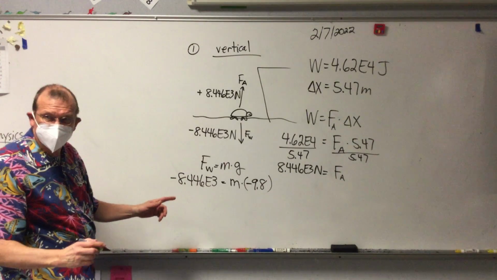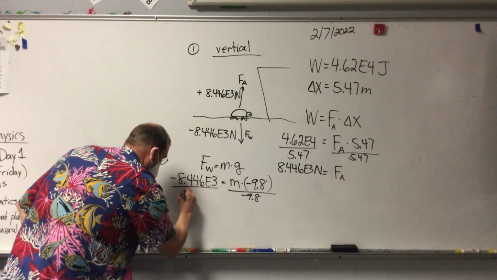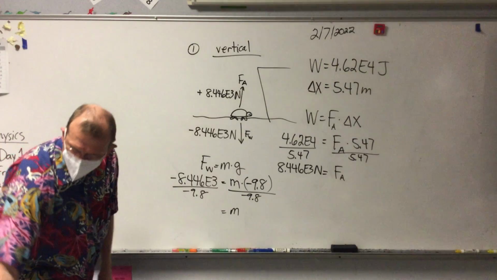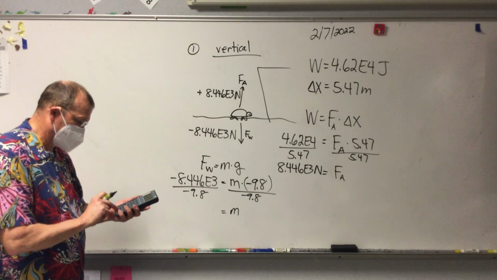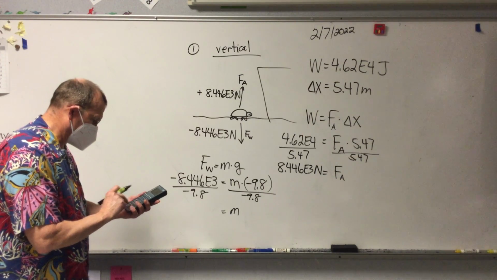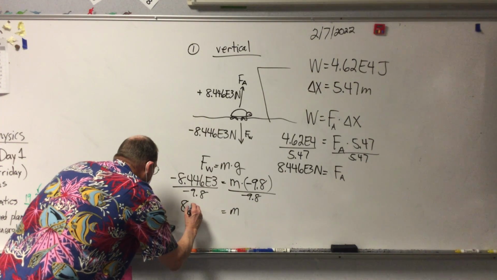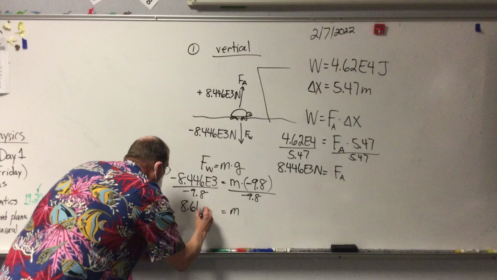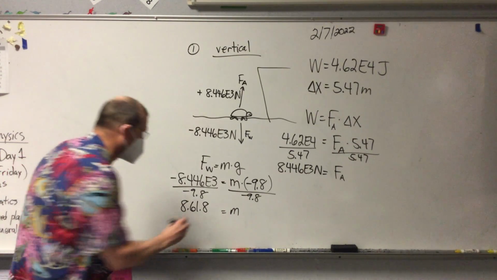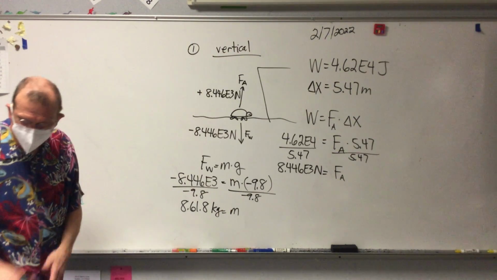So in order to solve, divide. So when we take, we get 861.8, and because it's a mass, what units would go on it? Kilograms. Okay.